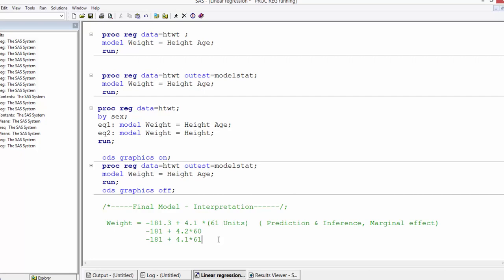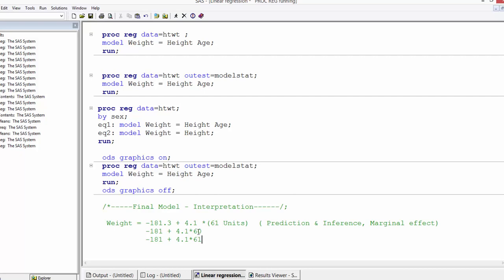Because we have increased the height by 1 unit, when you subtract the second minus the first, what you will be getting is 4.1. Because the constant gets cancelled, what remains is 4.1 multiplied by 61 minus 60, which is 1.